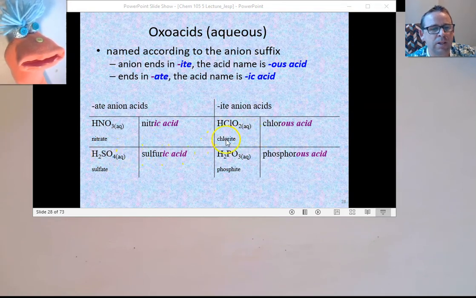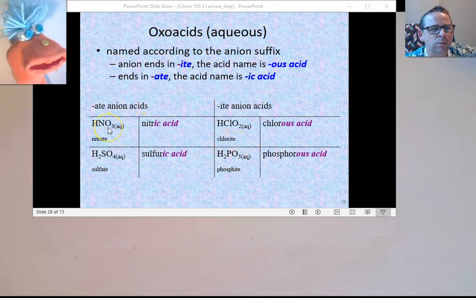Chlorite: if the polyatomic ion ends in ite, not ate, but ite, then the acid ends in ous, chlorous acid, phosphorous acid for the phosphite ion, right? So polyatomic ions end in either ate or ite, and ate goes to ic, and ite goes to ous.